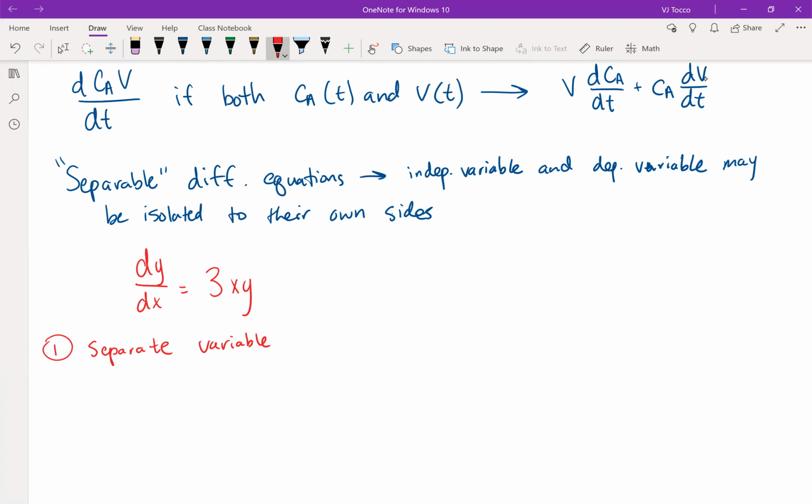Starting with dy/dx equals 3xy, I would want to, again improper calculus speak, multiply the dx to both sides to get it onto the other side, and also divide both sides by y to get the y's together. So my first step is dy over y is equal to 3x times dx. Step 2 is to integrate both sides.